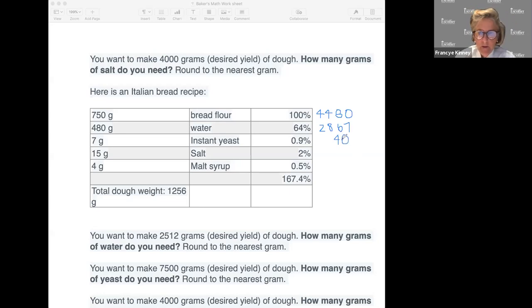All right, then 4,480 times 2% is 89.6. In this case I'd probably do 89.5 grams. You might get 90 and then take a little pinch off, but let's do 89.5 grams.